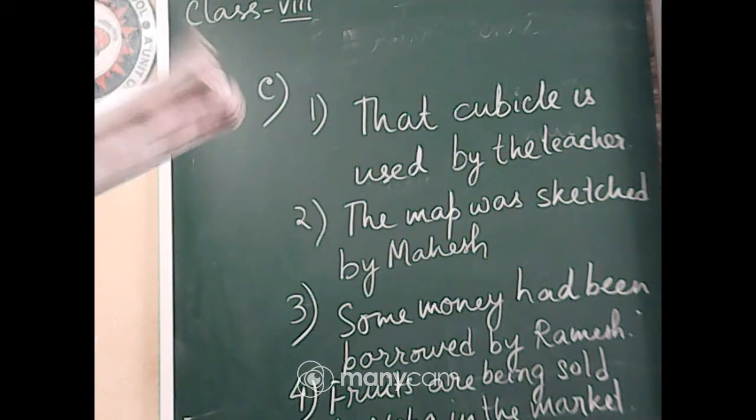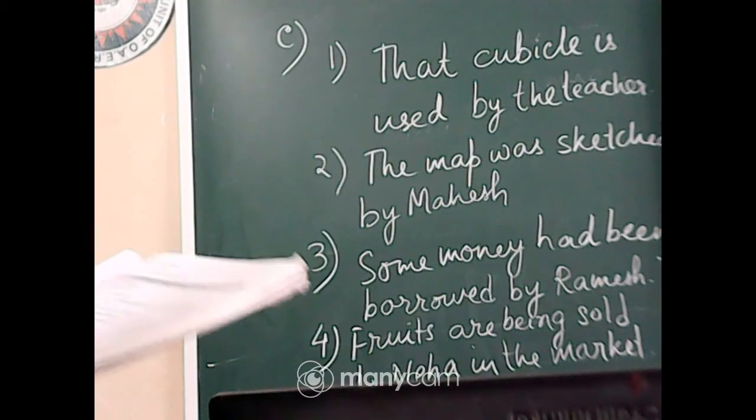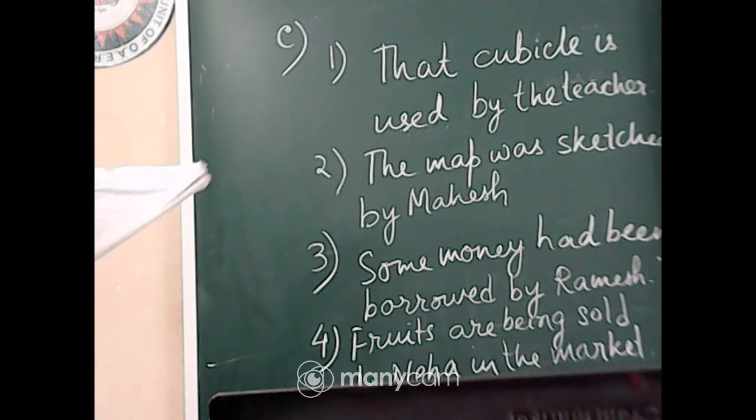A landscape will be painted by Dinesh. Number 7, Nora was playing cricket. Cricket was being played by Nora. Number 8, a group of scientists is conducting a survey. A survey is being conducted by a group of scientists.